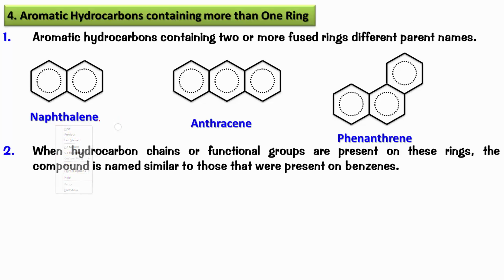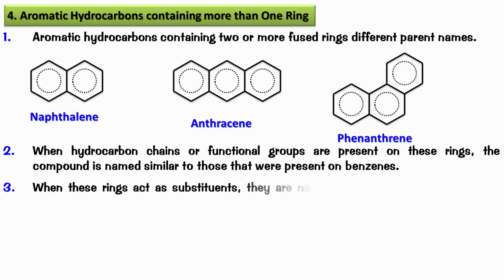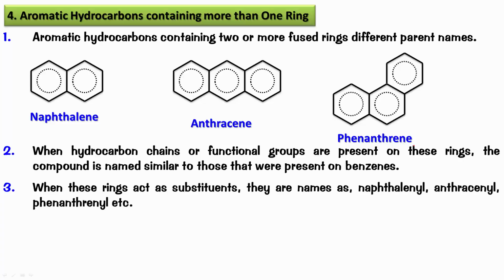I don't know how you pronounce this. Remove this E and put YL, naphthalenyl. Same here, same here. So if they are going to act as substituents, this is the way you name them. Naphthalenyl, anthracenyl, phenanthrenyl. Wow, pretty mouthful there.